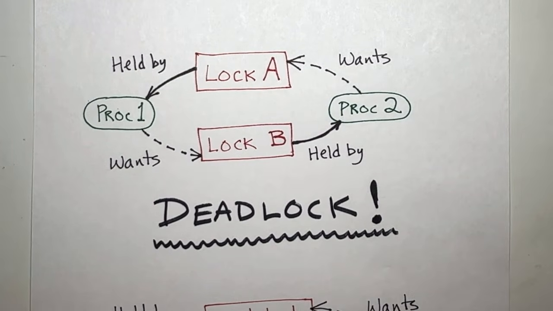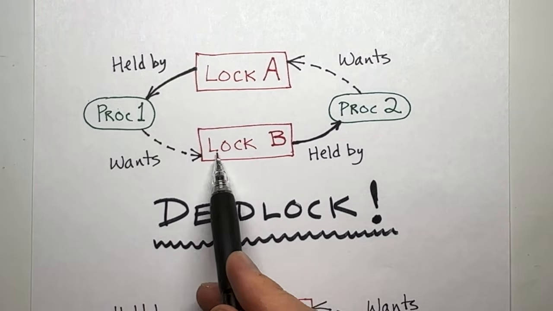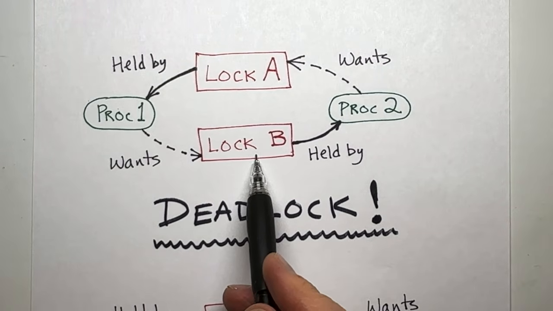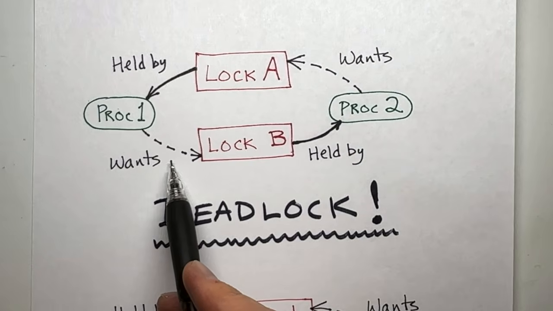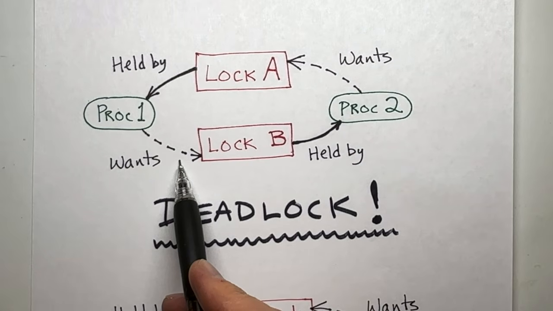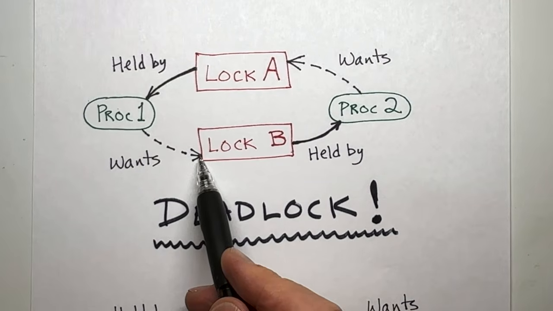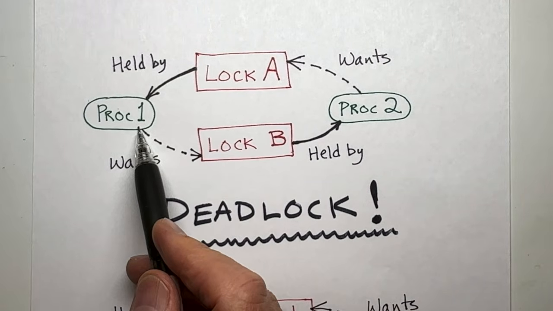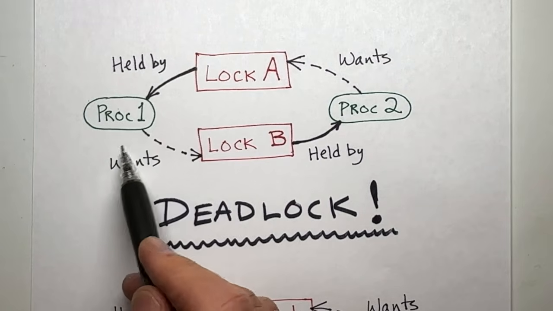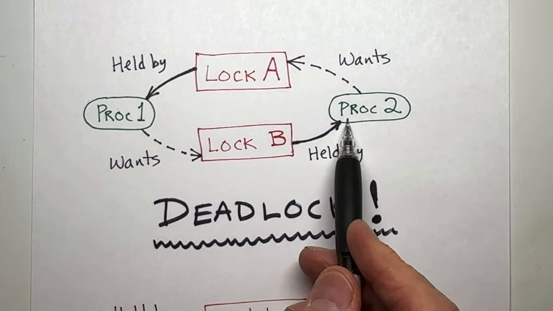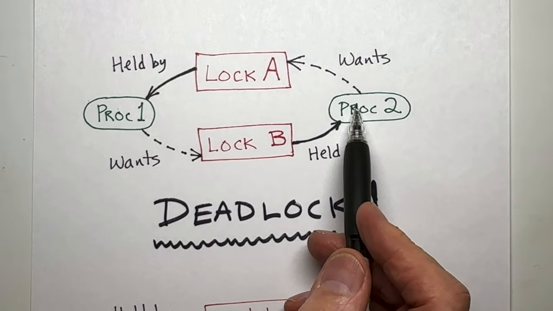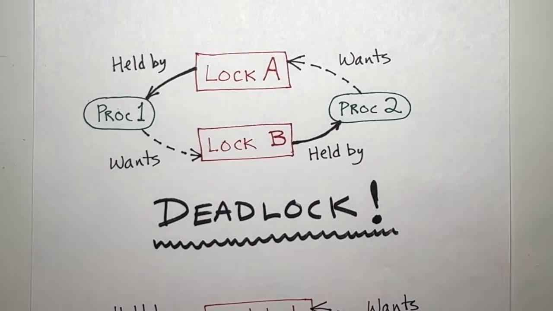Let's assume that process 1 wants to acquire lock B. That is, it's called the acquire function and is trying to obtain lock B, which is impossible because it's held by process 2. So the acquire function in process 1 will be spinning, waiting. Meanwhile, process 2 wants lock A, so it calls acquire, and it is also spinning, tied up in its acquire function, waiting on lock A.